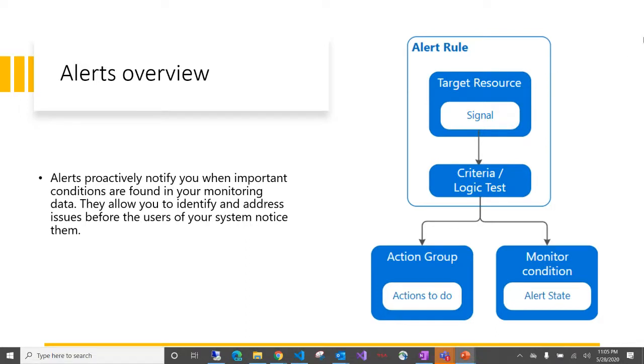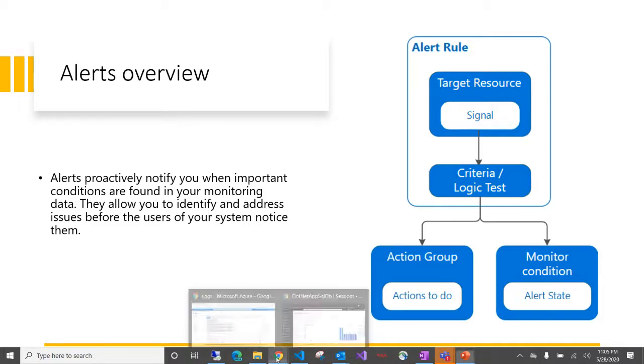Then we'll first connect to that VM, then select the signal as CPU utilization, and then we'll set a threshold to trigger the alert. So that is an alert rule. Then the next thing we need to create is an action group or an alert group. So we'll assign this alert rule to an alert group so that the group can decide what needs to be done. This is pretty much how an alert works.